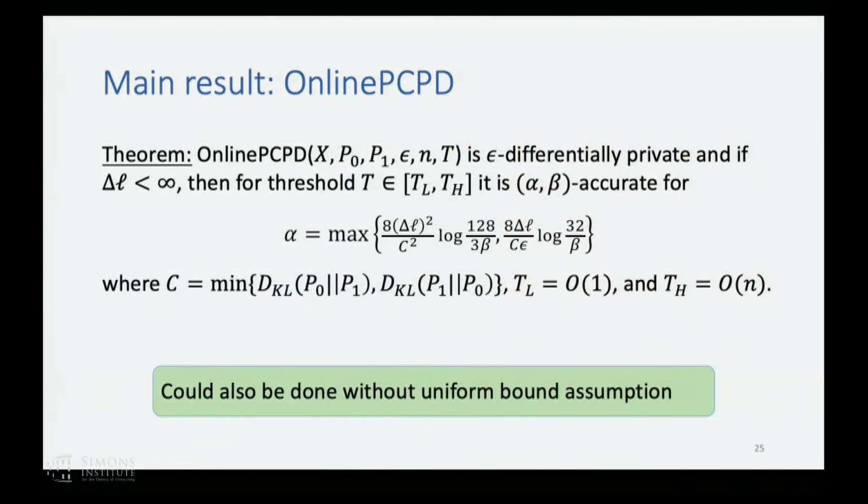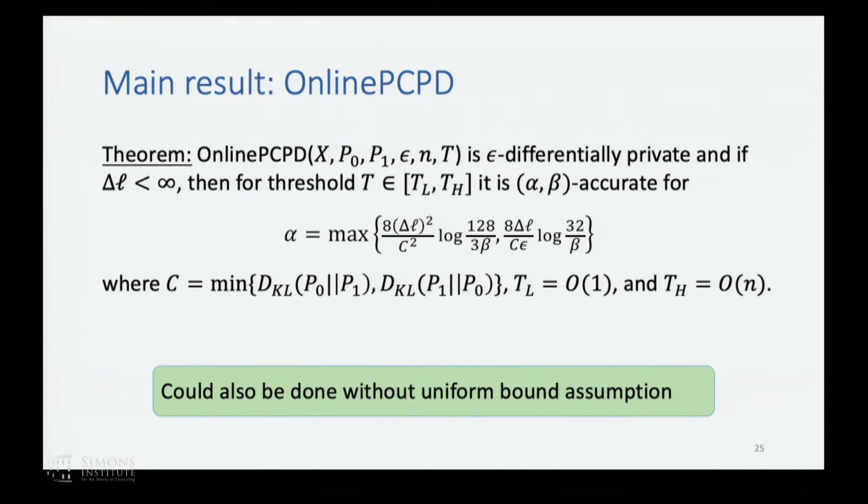And of course, this can also be done without this assumption. We just used offline, non-truncated as the thing that we call once we have found a window. You can do the same thing and just call the truncated version, and it will qualitatively be the same. We haven't done the math. Maybe you lose an extra factor of 2 or something, but it will be effectively the same thing.